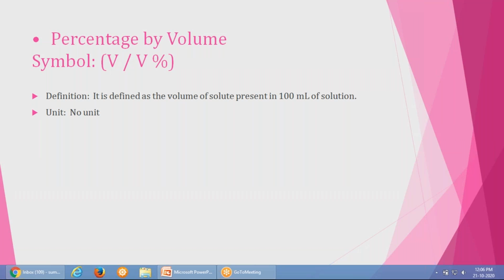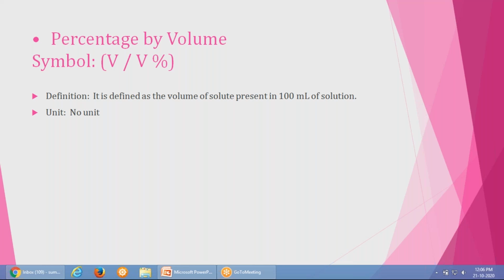A solution is prepared by mixing 50 ml of ethanol in 300 ml of distilled water. Full stop. What is the percentage volume by volume?